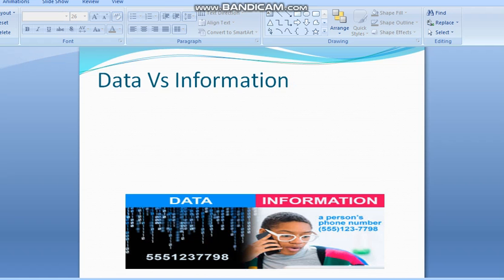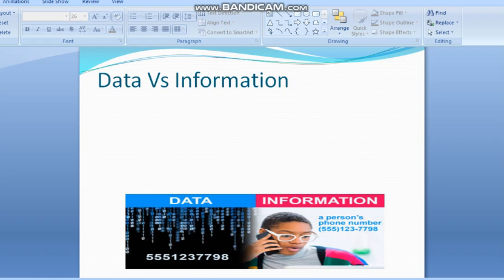Any quantity, for example 10 grams, any character or symbol like an arrow or star, on which operations are performed by a computer, which may be stored or transmitted in the form of electrical signals. That is called data.